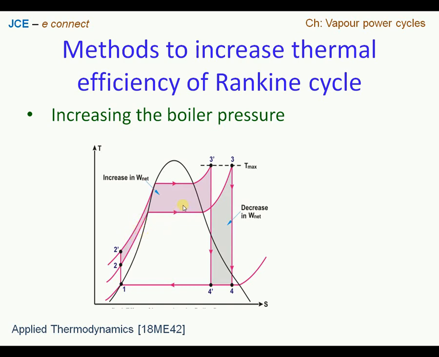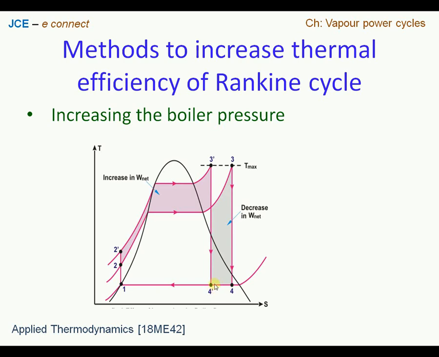So therefore the heat area that is getting increased is much higher as compared to the decrease in the area. So this method is attractive, but when we look at the quality point of view, dryness fraction, we see that the state point 4 is getting reduced to 4', thereby the quality is getting dropped.